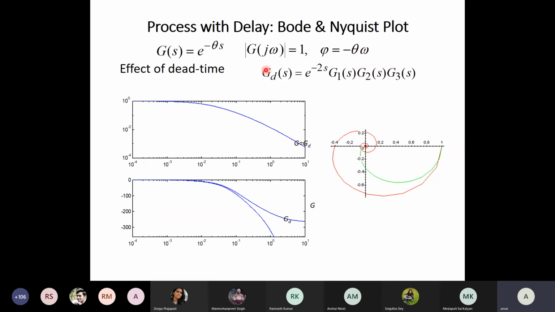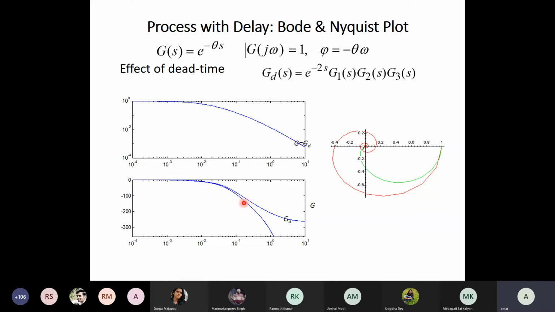So what will happen is, say I have G1(s), G2(s) and G3(s), the earlier process I have described, and that is augmented with a delay transfer function e to the power minus 2s. Then you will find that the Bode amplitude ratio plot will remain the same, because the contribution to the amplitude ratio due to the delay term is unity. But in the phase difference, because of the delay element, it will continue to fall off.